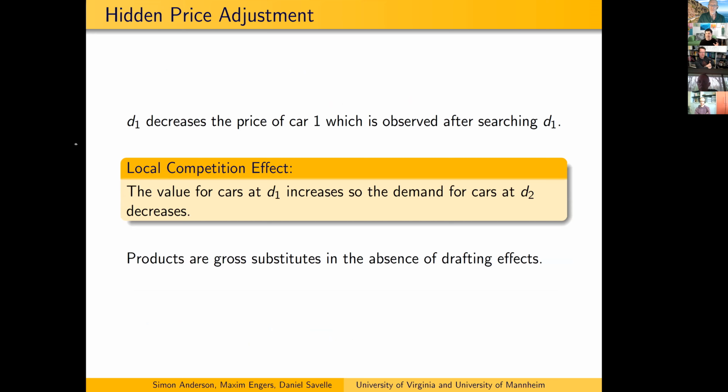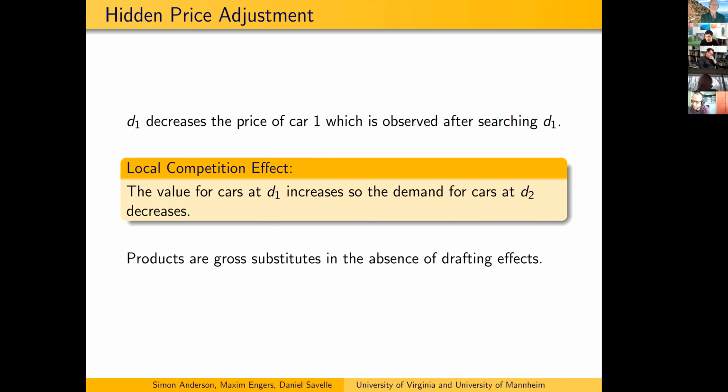Now, that is for an advertised price. If a price is hidden, though, you get very different results. Specifically, if the price is hidden on the part associated with one of the products and not the other. So in this case, D1 is going to decrease the price of car 1, though it could decrease the price of any of their cars or all their cars, but it's not observed by the consumer until after searching dealer 1.